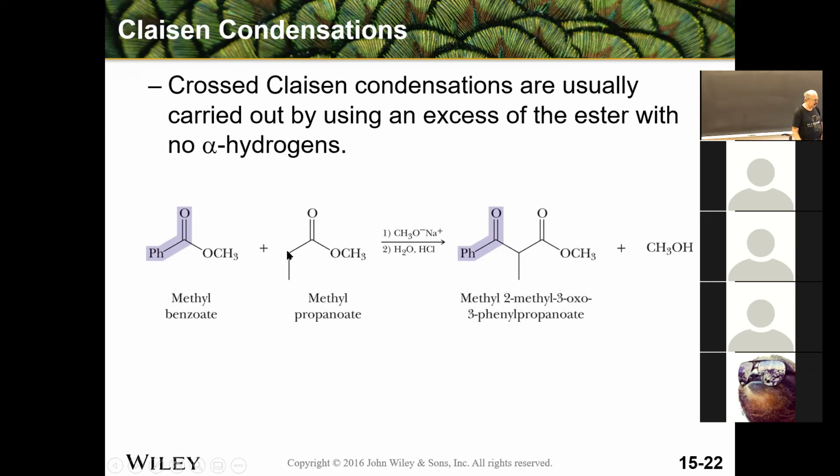So we form the enolate anion. It's going to attack the carbonyl. It will kick out the methoxide, and then we'll get this beta ketoester.